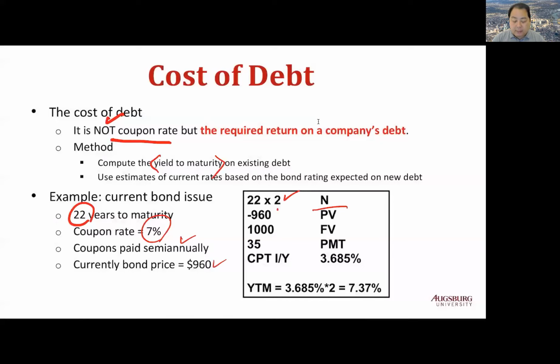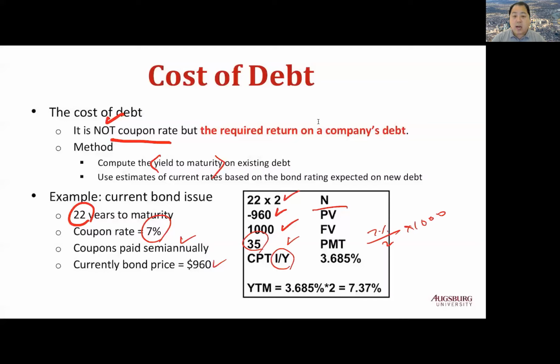PV is negative 960, since it is the price to pay. Future value is 1,000 par value. PMT is the amount of coupon, which is the coupon rate 7% divided by 2 semi-annual rate times par value $1,000, $35.